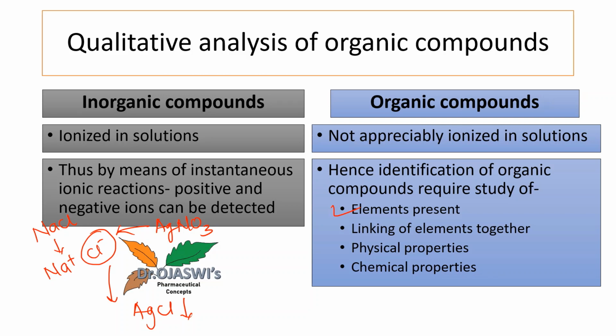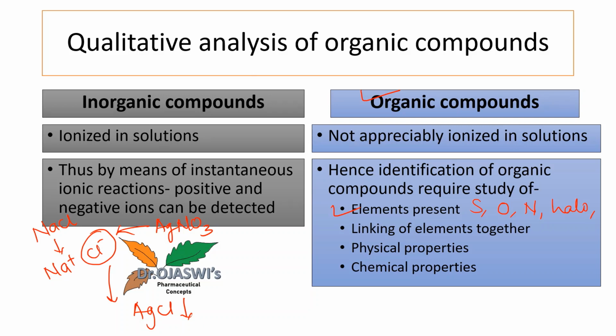Since these are organic compounds, carbon and hydrogen will definitely be there. But other than carbon and hydrogen, whether oxygen, nitrogen, any halogen, or sulfur is present, we have to detect by carrying out certain chemical reactions.